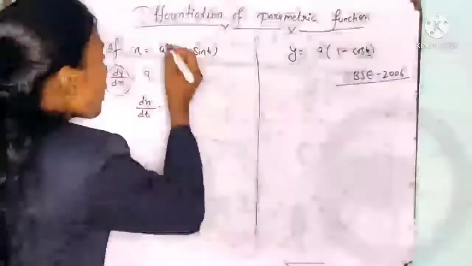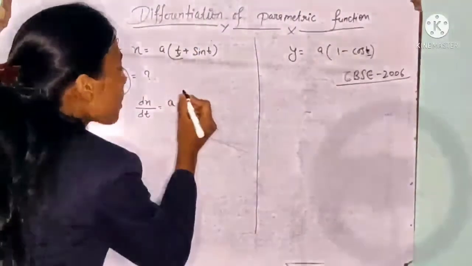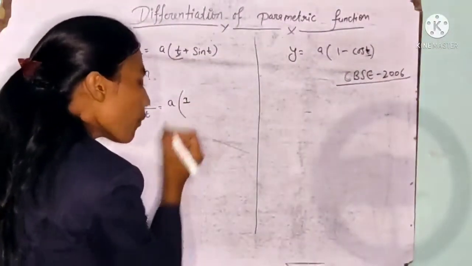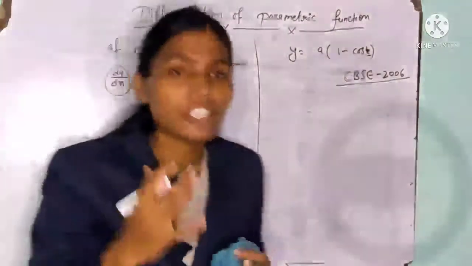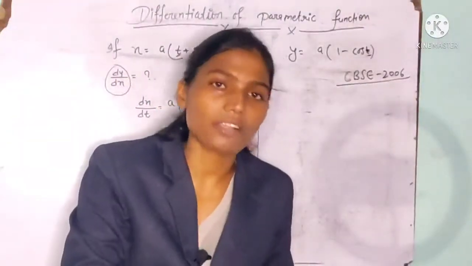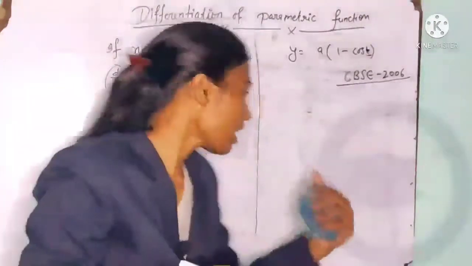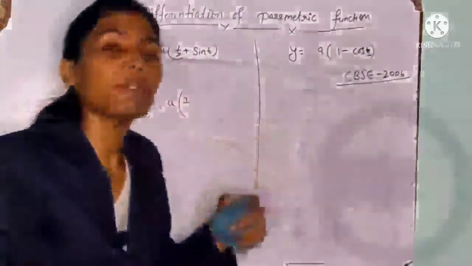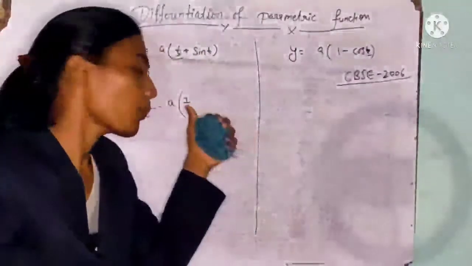Here a is a constant, and the differentiation of t with respect to t gives 1. Just as the differentiation of x with respect to x gives 1, likewise the differentiation of t with respect to t gives 1.